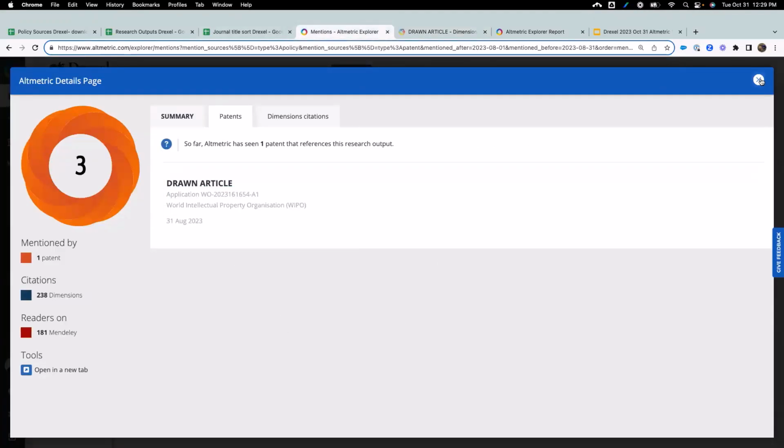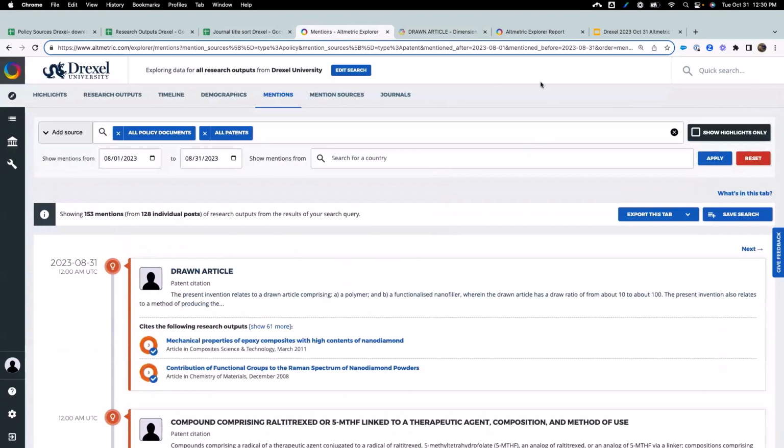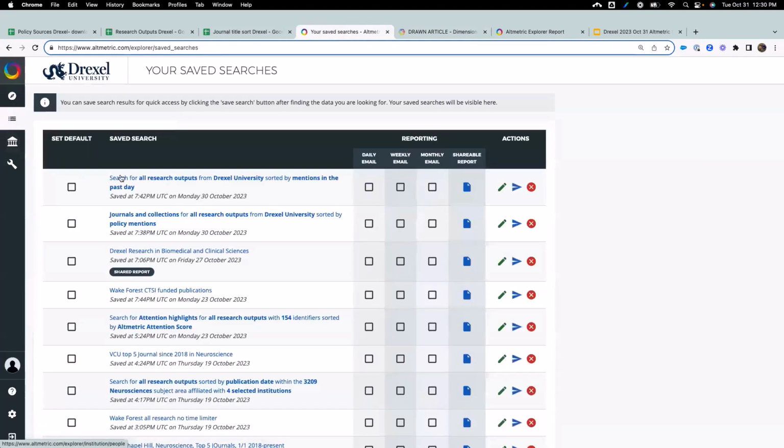And then finally, on any of this research that you have found, you can save any of these searches, and then they will show up here under saved searches. And this is where you can rerun searches, and any of this is dynamic.